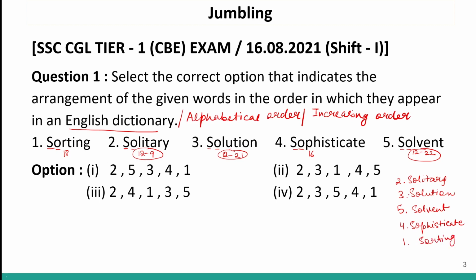So the correct answer will be 23541. 23541 is given in option number 4. So option number 4 will be your correct answer. Clear?